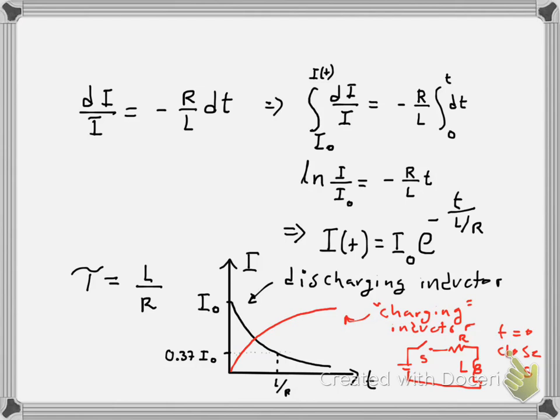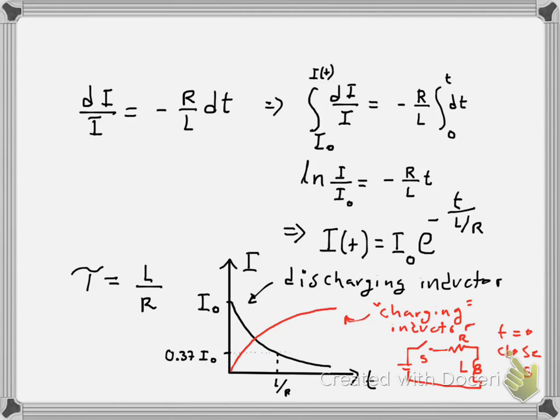It's going to have to ramp up. You can write the equations that apply, and you'll find that the current in the circuit goes from 0 and increases in an exponential way.